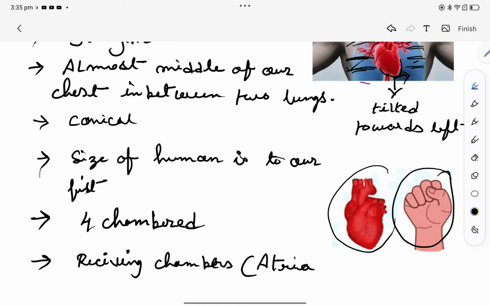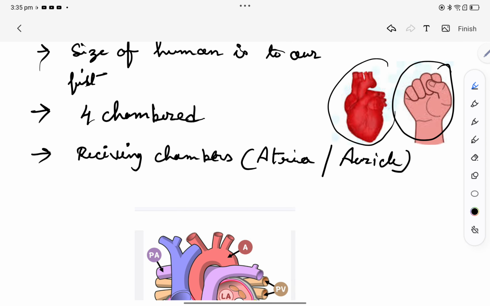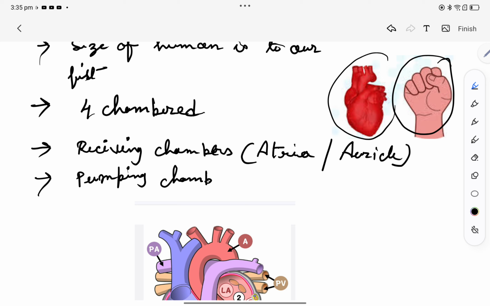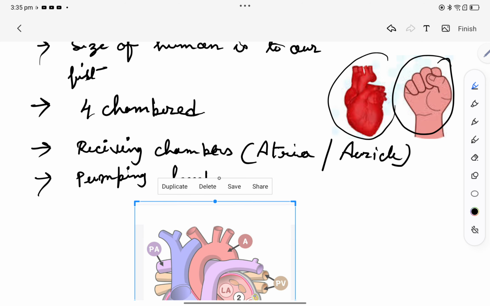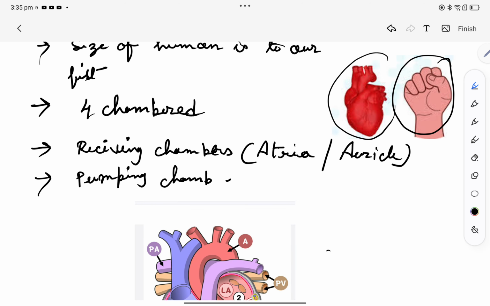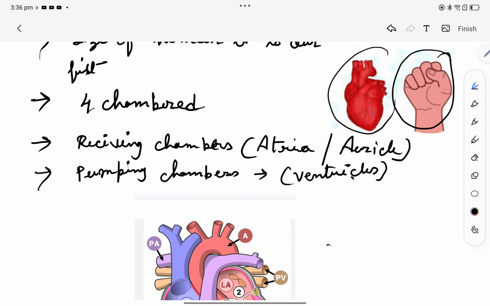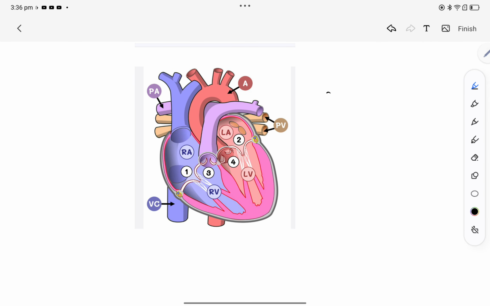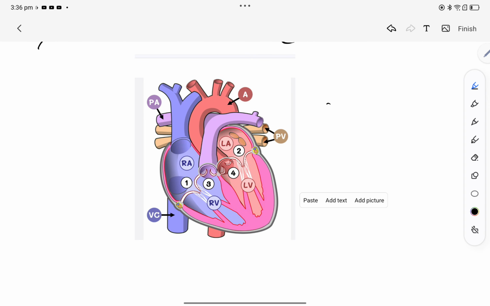Atria is the plural term, atrium is the singular term. Atria or auricles. Fine. And the pumping chambers, that are the ventricles.